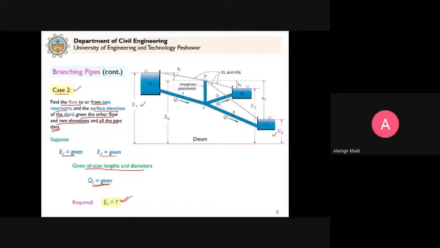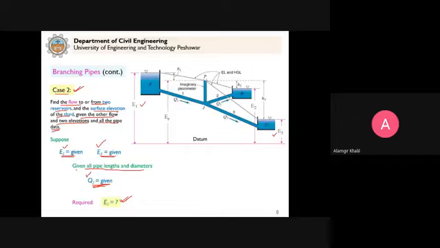What is case 2? That the elevation of the surface reservoir for 2 will be required, and the discharge for the third will be given. Clear? If E1 is given and E3 is given, then Q2 will be given. What was case 1?